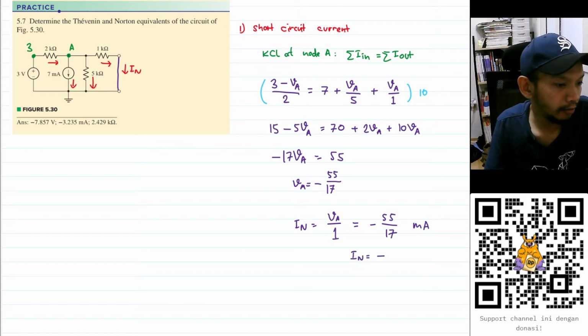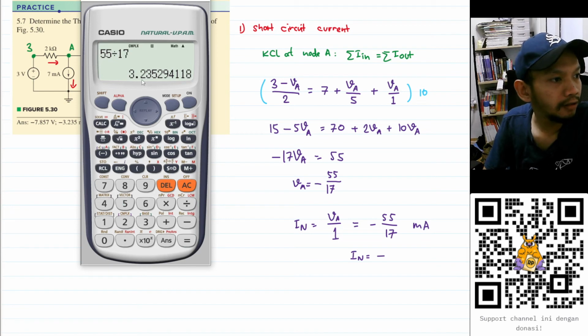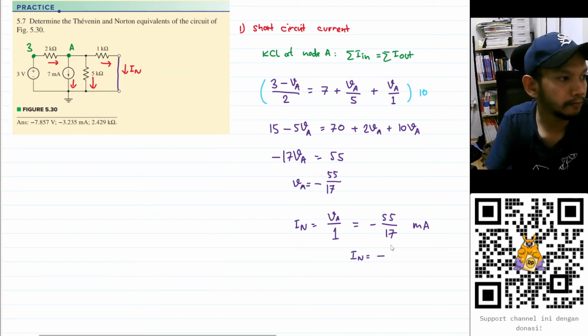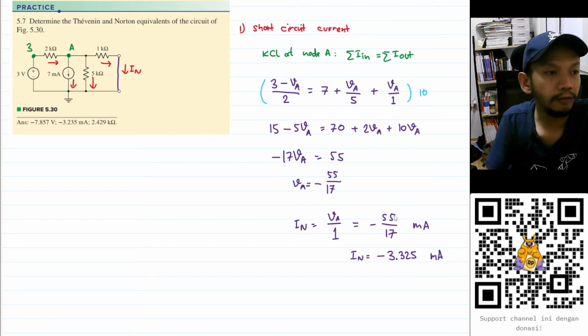Minus 55 divided by 17 is 3.235, and the unit here will be milliampere. So we get the Norton current.